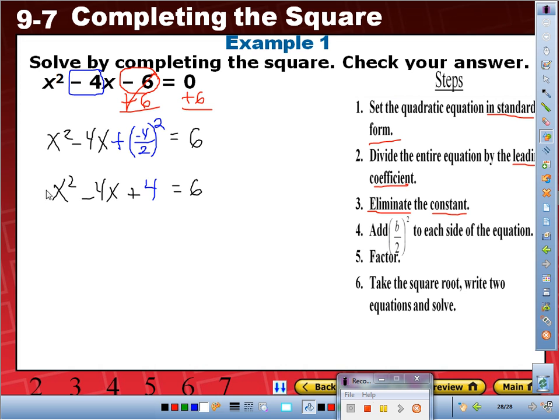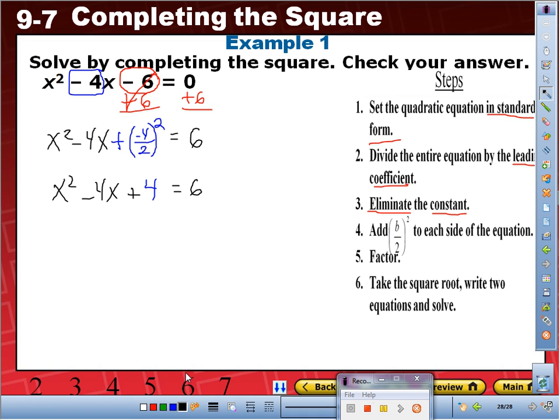What is the square root of x squared? x. What is the square root of 4? What is x times 2? What is twice that? Is this a perfect square now? That's how you complete the square. What we just did, these 3 steps, makes us complete the square. But we need to solve the equation. Here go the next steps to solve, so pay attention.